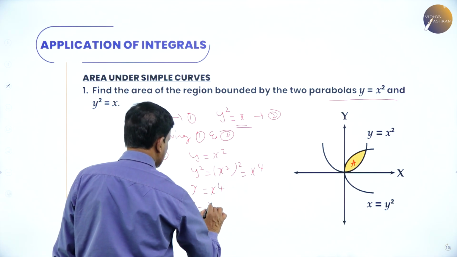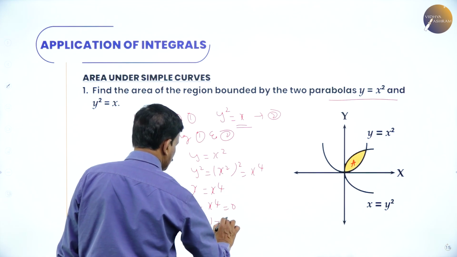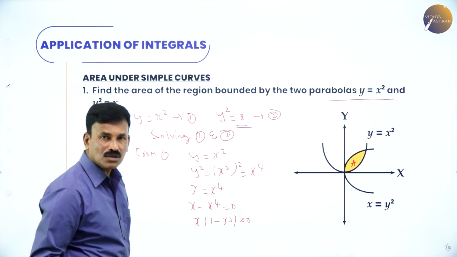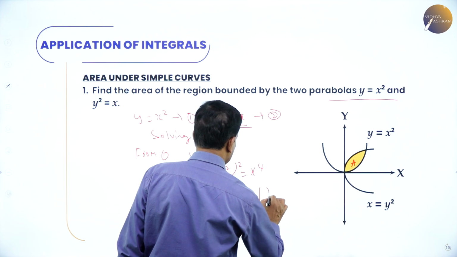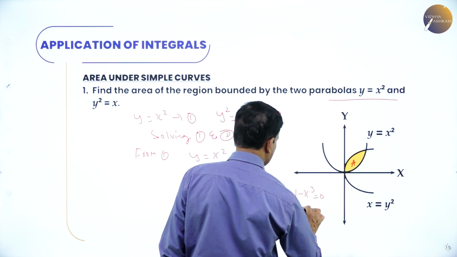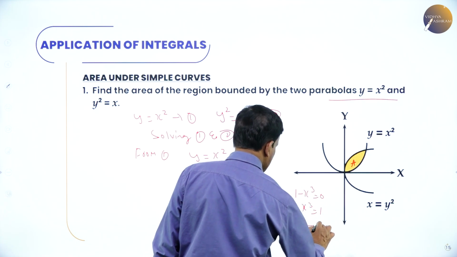You can transfer this to the left hand side and take x common. x into 1 minus x cube is equal to 0. Right. So therefore x is equal to 0, and 1 minus x cube is equal to 0 means x cube is equal to 1. So therefore x is equal to 1.